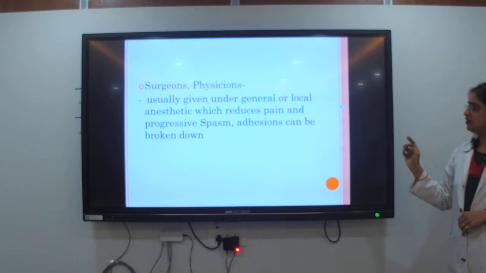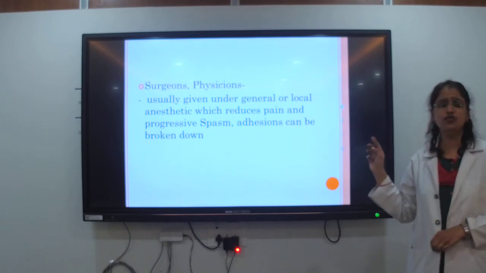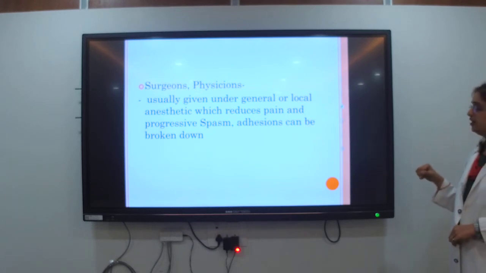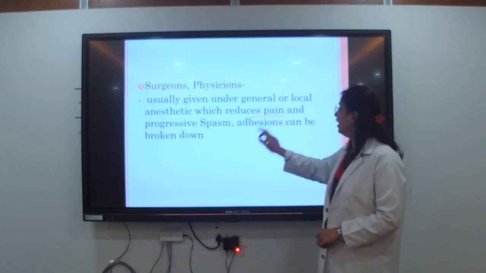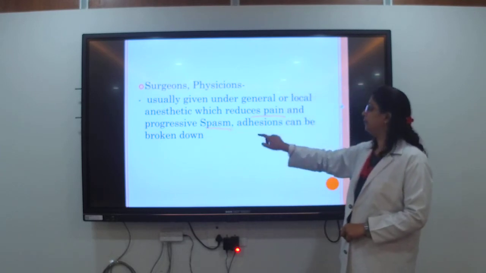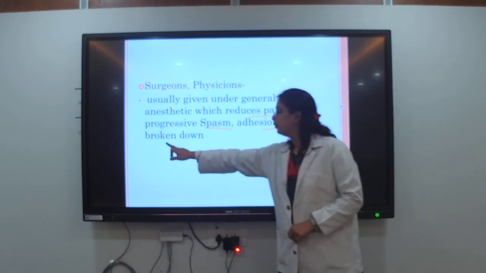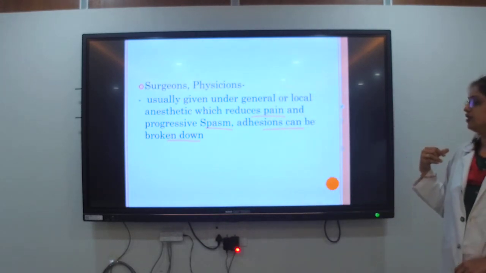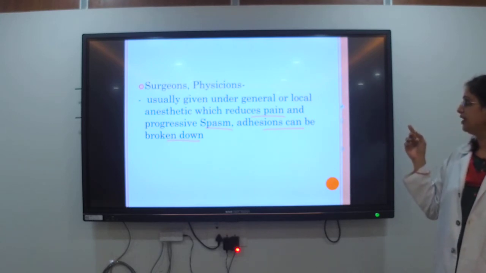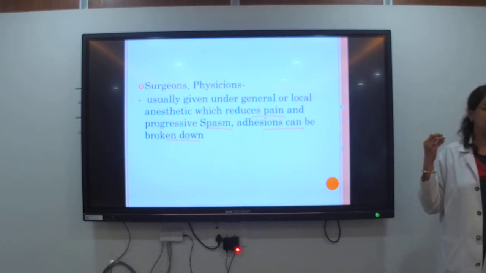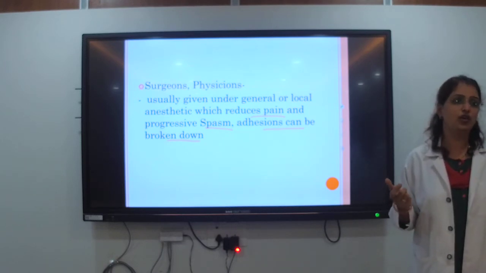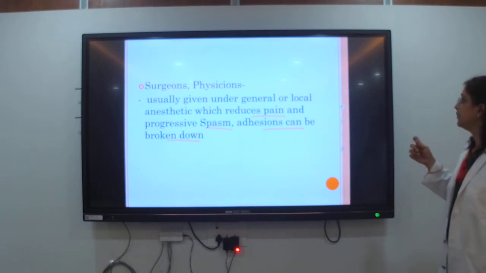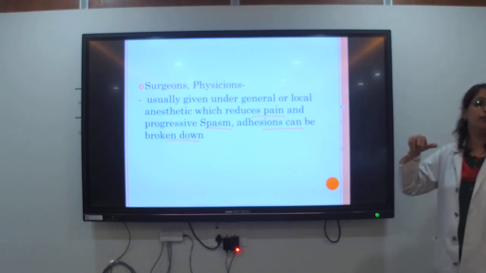The manipulations given by a surgeon are usually given under general or local anesthesia to reduce pain and spasm, and with the help of that, adhesions can be broken down. For example, in frozen shoulder cases, orthopedicians give general anesthesia to that area and move the hand, so they are giving manipulations.